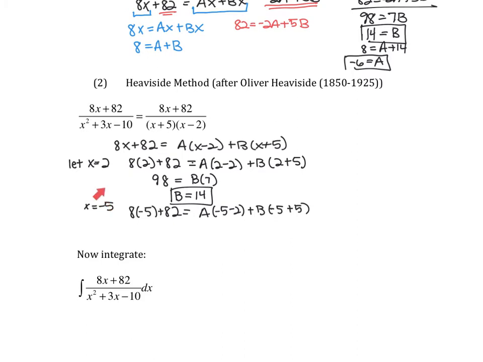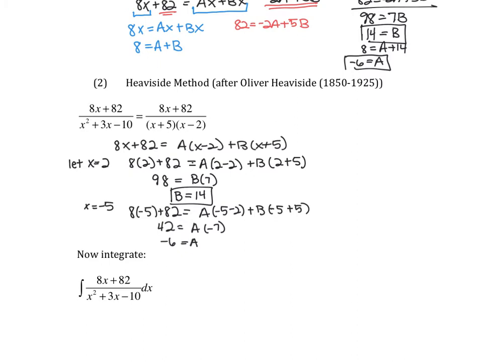While they seem arbitrary, Heaviside noticed that every time we used an x value that was the solution to one of our factors, we were able to solve for either a or b. So it's kind of like a shortcut of a system of equations. On this one, we would get 42 equals a times negative 7, which means a equals negative 6. So the same partial fraction decomposition that we got before.